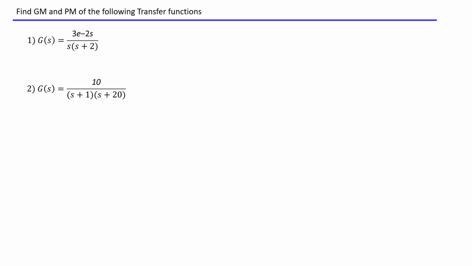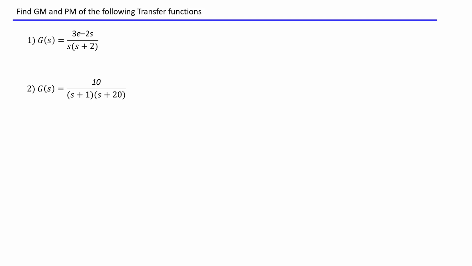Before that, the first question asks you to find out the gain margin and phase margin of the system. This is a basic question I put because I want to show how we find the gain margin, phase margin, and all these parameters from the Bode analysis.